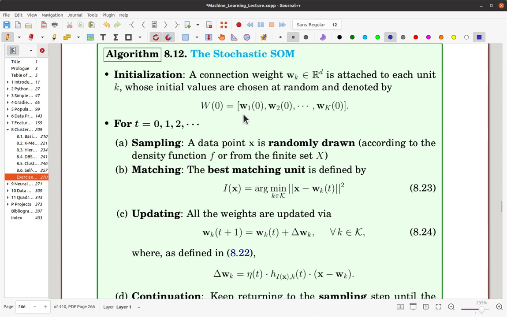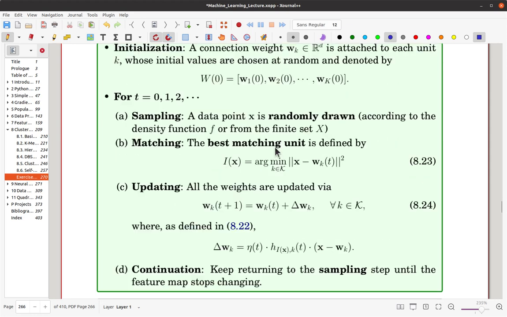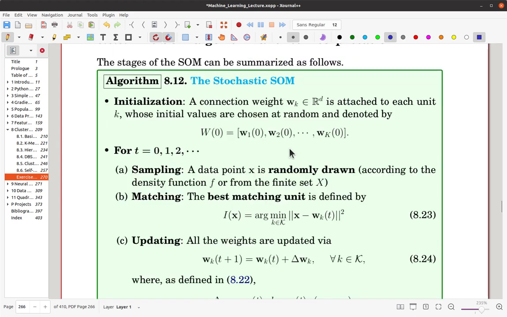So the collection of the weight vectors makes a weight matrix. Now, for each iteration, we take a sample, so in each iteration one data point will be chosen. Through competition, we try to find the matching unit, that is, the winning unit.